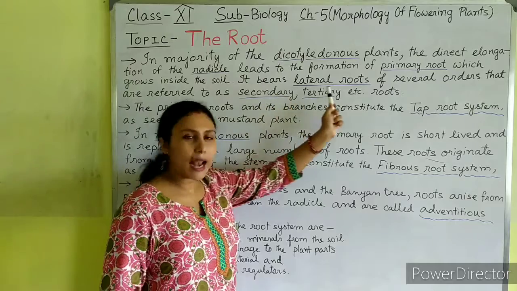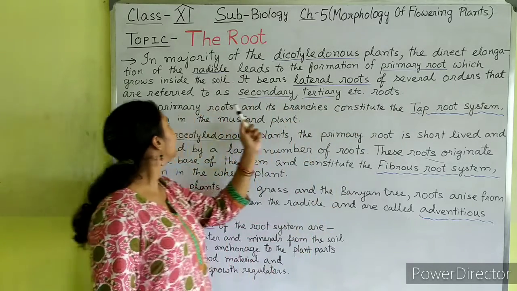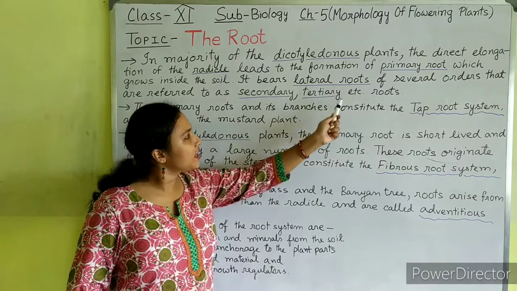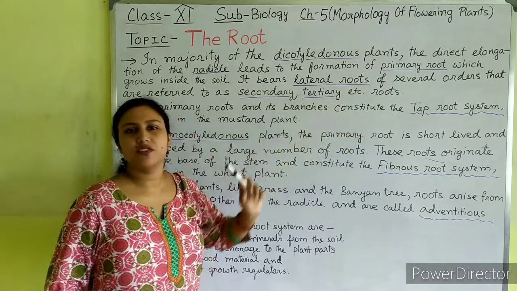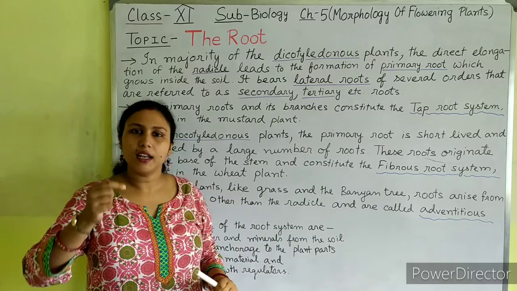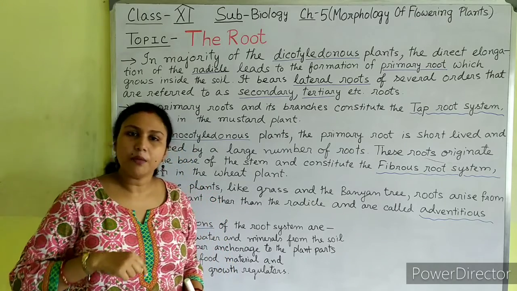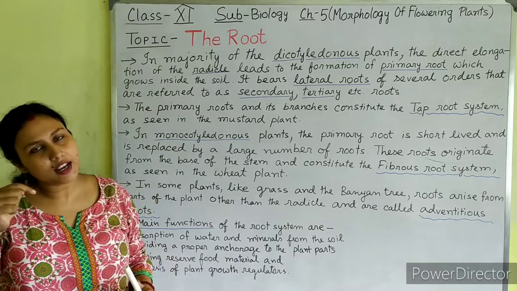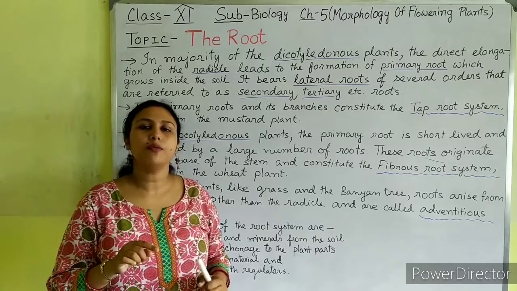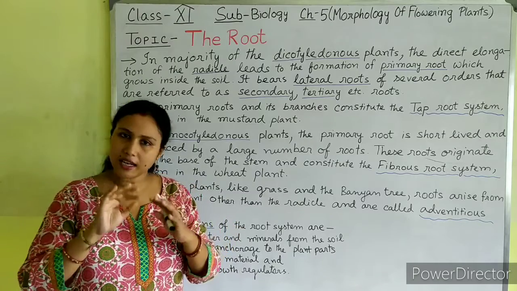It bears lateral roots of several orders that are referred to as secondary, tertiary, etc. roots. So, the radicle gets elongated into the primary root, which directly goes downwards into the soil. And from the primary root, the side roots come out, the lateral roots.